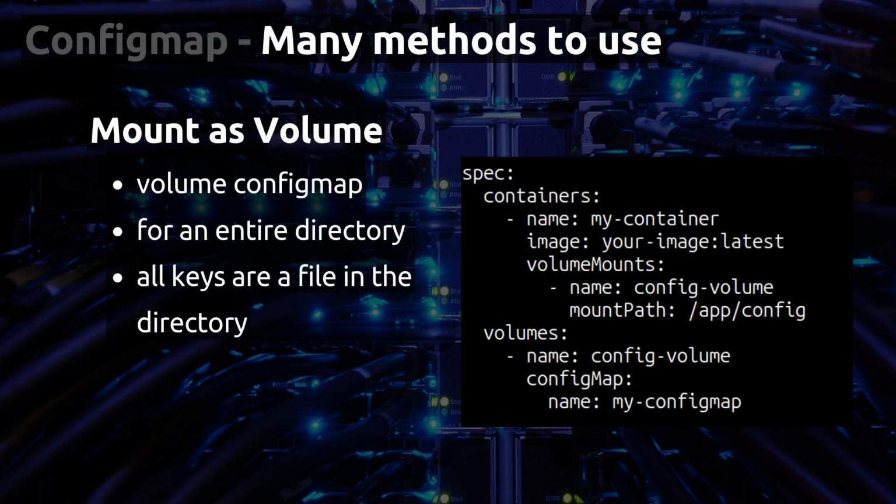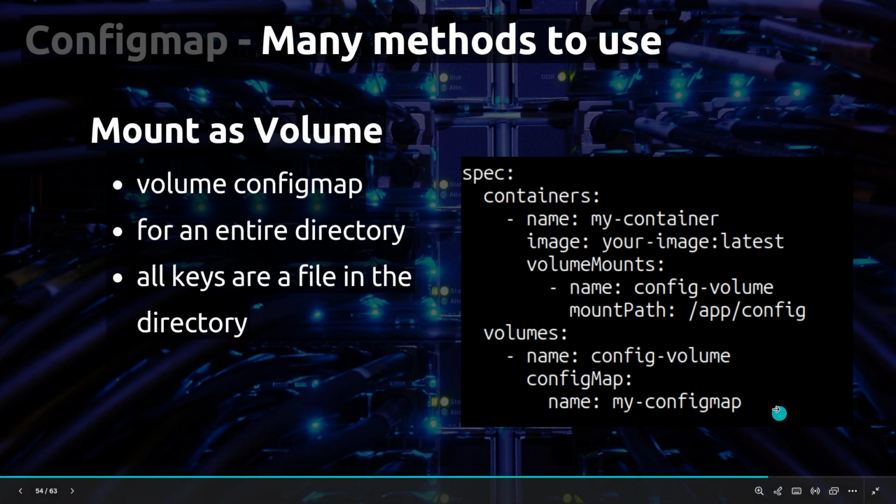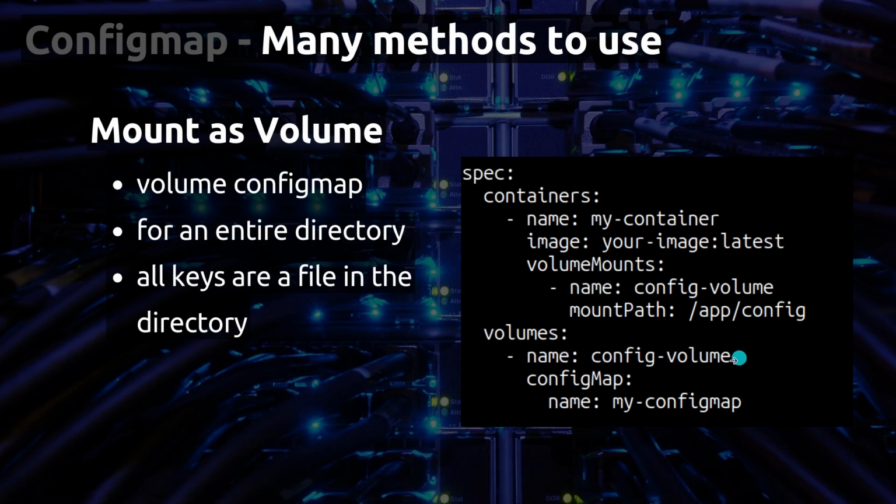How can you mount it in another use case? You can mount it with a volume. For example, when you want to mount a file or a directory, you can use this kind of thing. You can use here the name of a volume, so config volume, for example, the config map here, and the entire config map will be mounted.